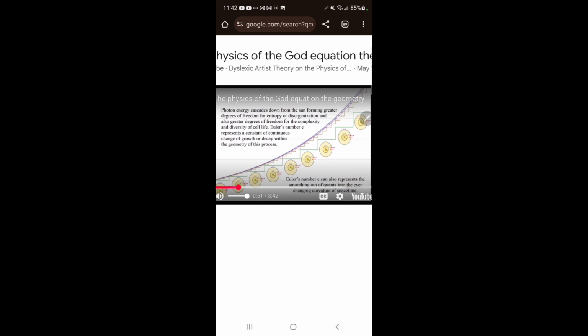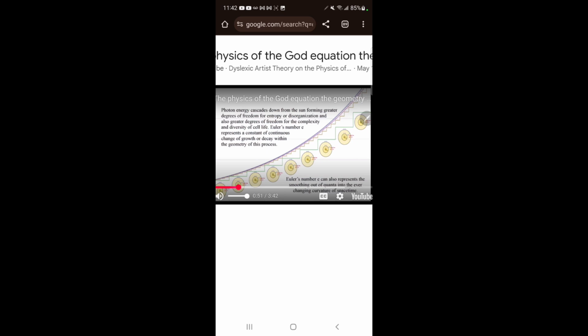But we have these things going on in our medical system. It sounds to me like there might be a natural cure that has literally been right in front of our face. In our face. The sun doing this and raining down this photon energy, it forms at a greater degree.